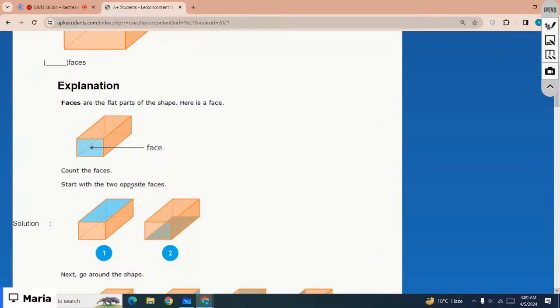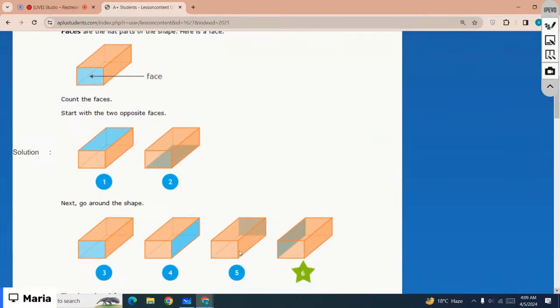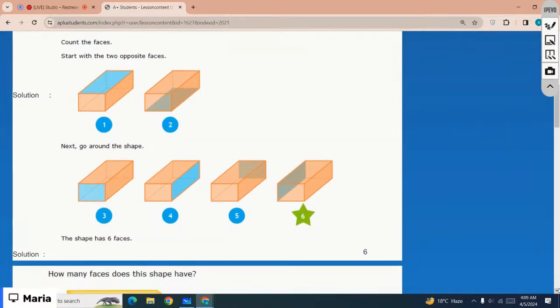They are opposite faces: the one upside and the one downside, then you have this one and the one on the opposite side. If you have any confusion, go find a shoebox and count the faces. The correct option is 6.